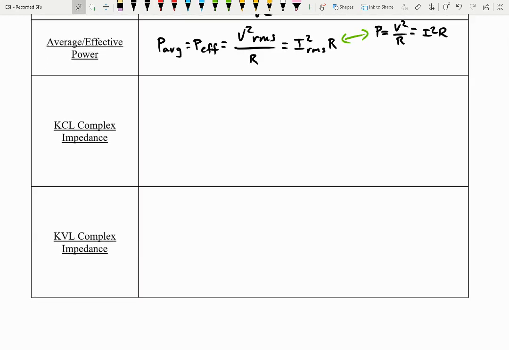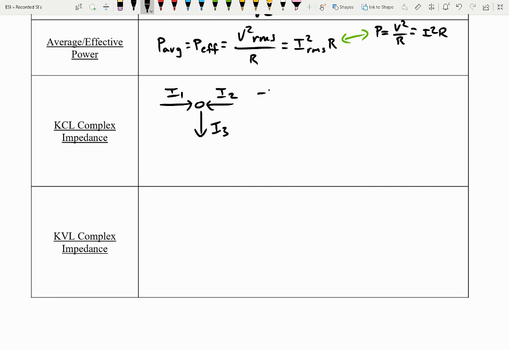Okay. Let's take a look at some of the old methods that we've been working with in the new forms. So complex, phasor, rectangular forms. So KCL, complex impedance. So this is where we're going to have I1, I2, I3, and then we're just going to sum those currents entering and leaving.